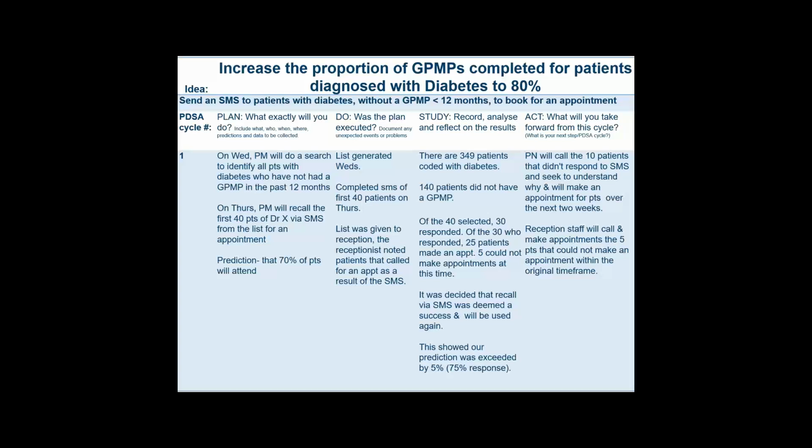original time frame. Some other tips as well when completing a PDSA cycle. The QI team could have a quick meeting to discuss the findings of the study and decide on further activities, or this could be discussed in a practice meeting. And remember, you only need to start small. We're just testing the ideas. So you could focus on one GP at a time with a small sample of patients to see if it'll work.